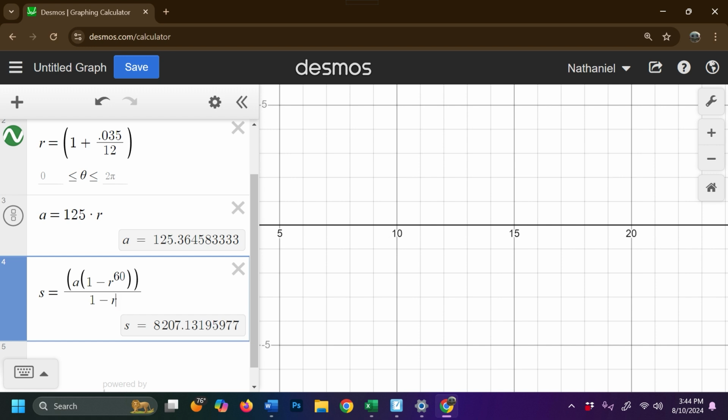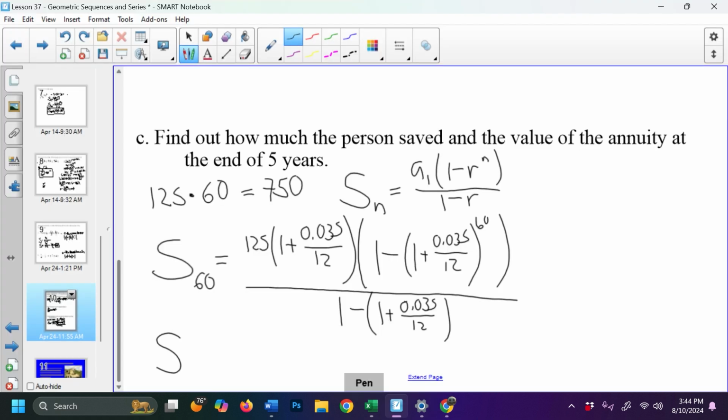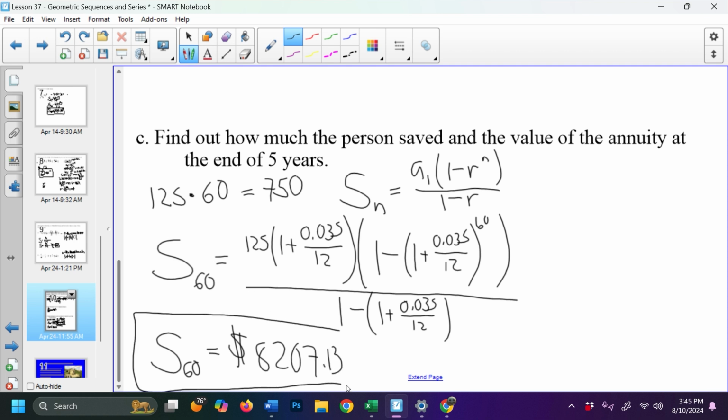And it turns out that this S sub 60 is $8,207.13. So over the course of 5 years, you have made an additional $700. Now that may not seem like a lot, and I understand that, but it is only over 5 years, and you're going to be working for 45 years.